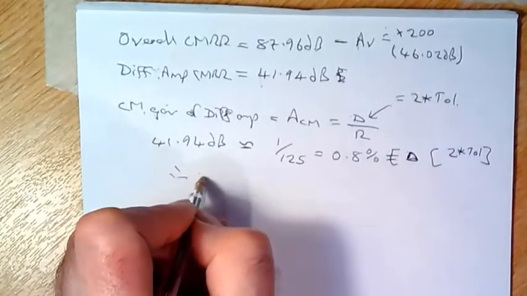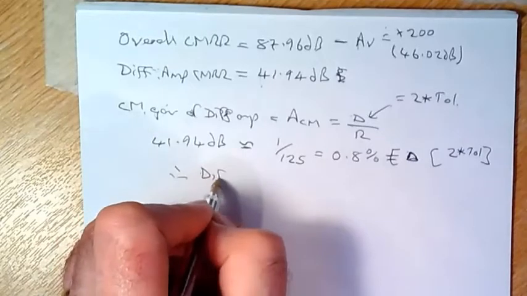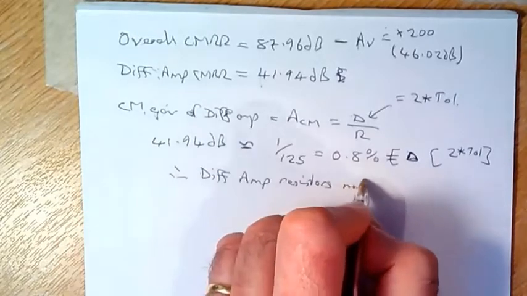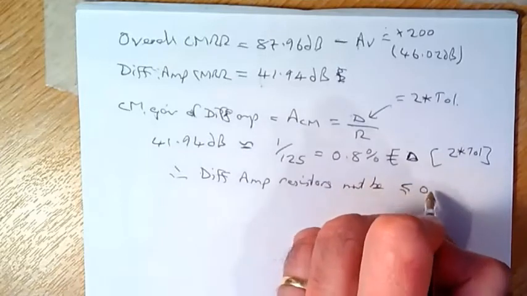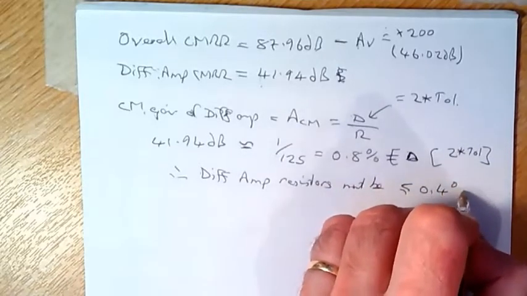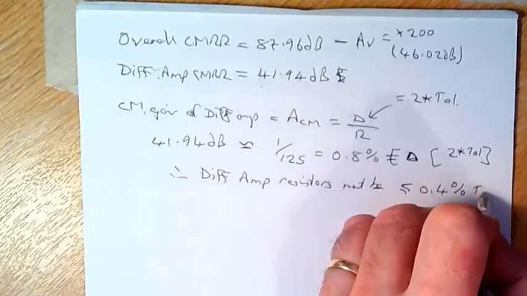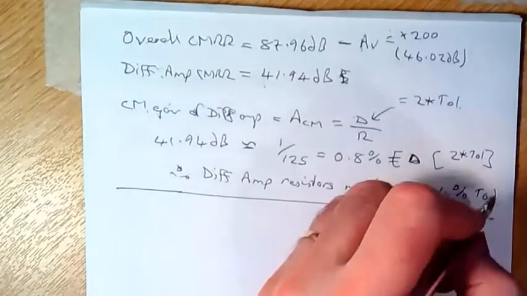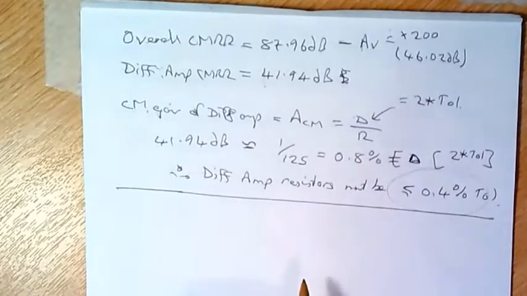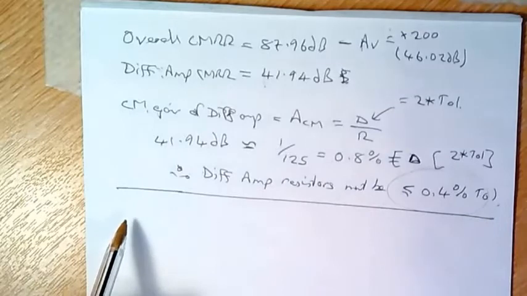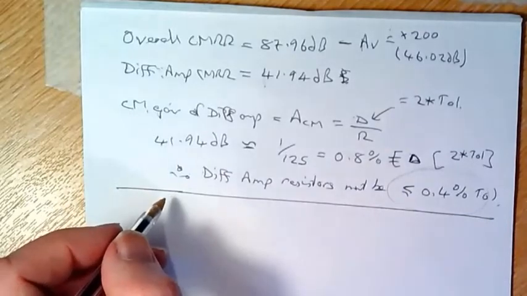Therefore, diff amp resistors must be less than or equal to 0.4% tolerance.